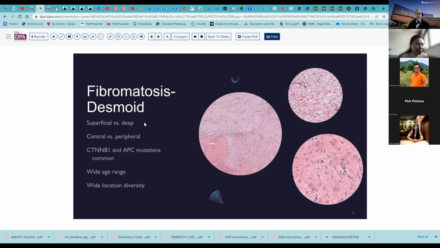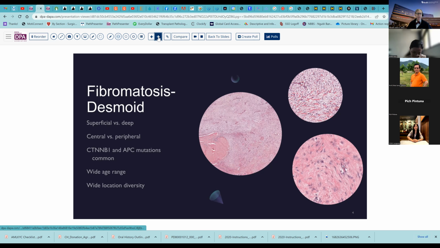These can be both superficial and deep, although the majority of the serious ones are more deep, but sometimes on a superficial trunk site, the superficial ones can be more concerning. The more peripheral ones, the palmar, plantar fibromatoses, are usually less serious versus the central one. But both of these can have mutations in the beta-catenin gene as well as in APC in some situations. And they can occur in a wide variety of settings.